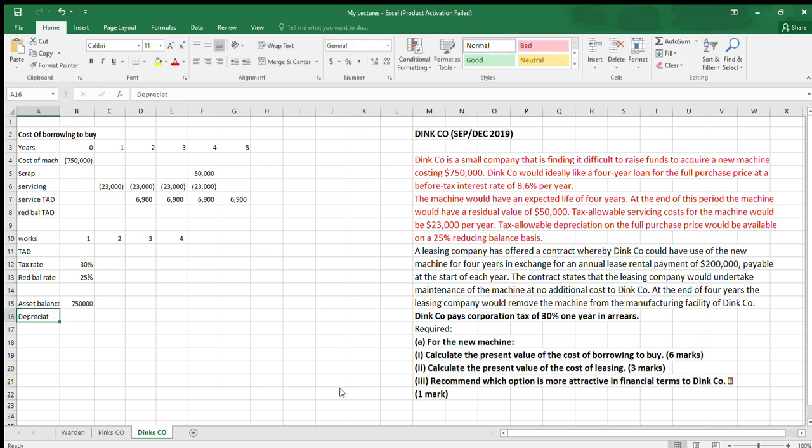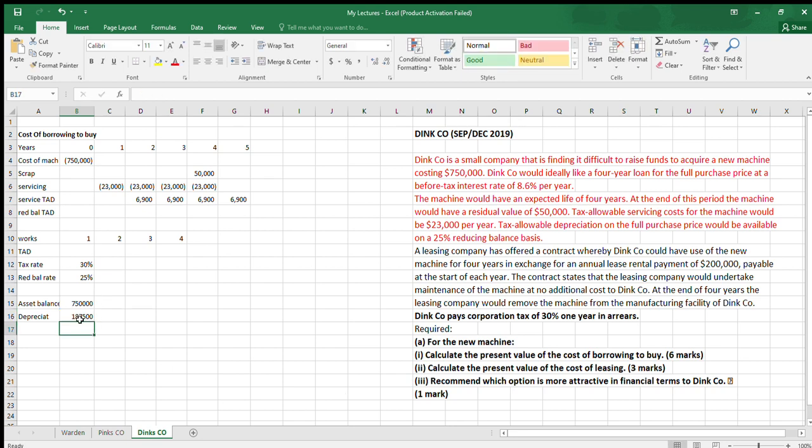Reducing balance is very simple. It is the same as financial accounting and financial reporting. So here is the depreciation, which is equal to the asset balance multiplied by the rate of depreciation, 25%.